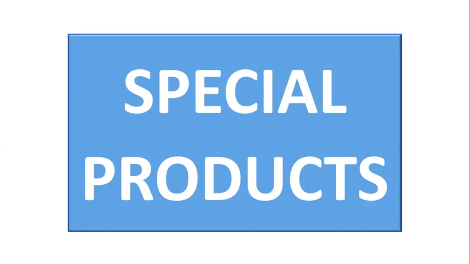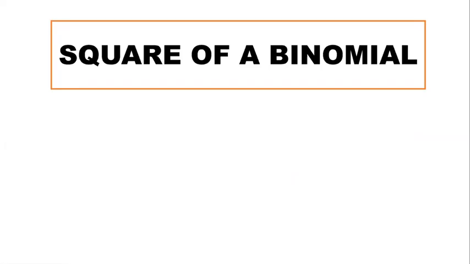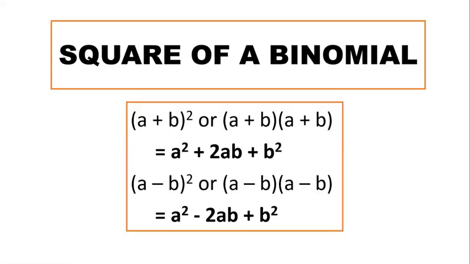multiplying different polynomials. And the first pattern they have observed is the square of a binomial, or multiplying a binomial by itself. So we have here the first pattern, a plus b squared, or you multiply a plus b by itself, times a plus b.